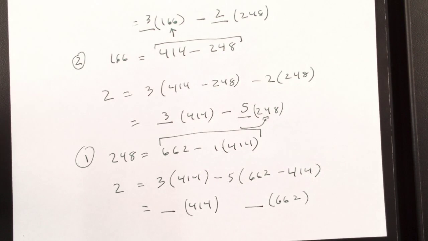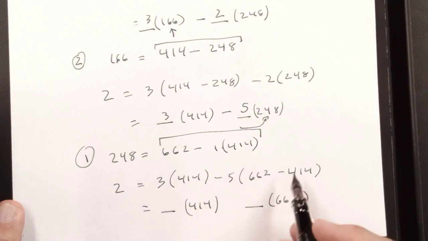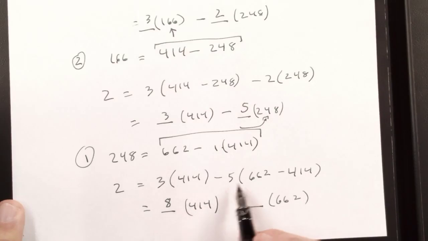And now I regroup again. How many 414s do I have? 3 of them here, then minus minus 5 is plus 5. 3 and 5 is 8. Minus 5 times 662. S and T.